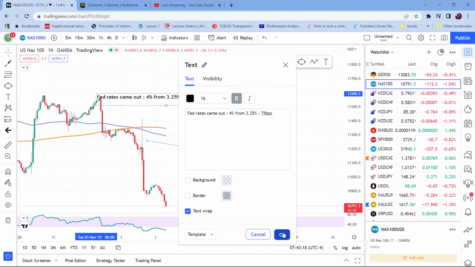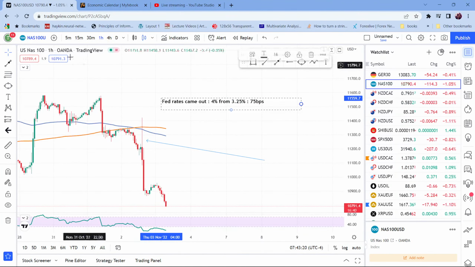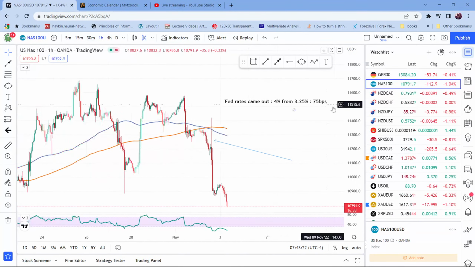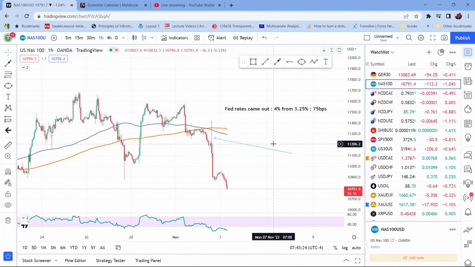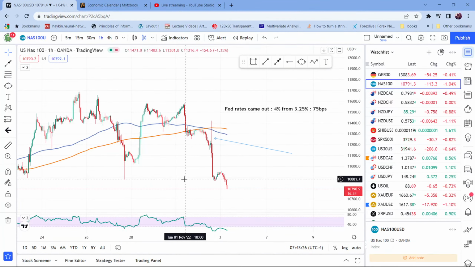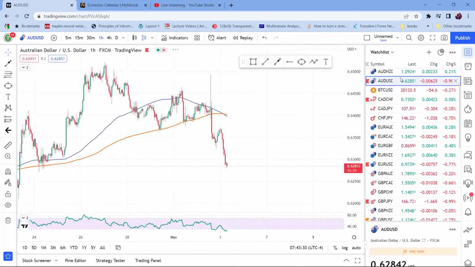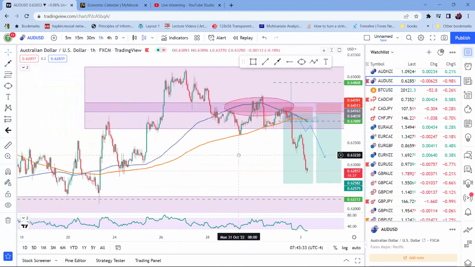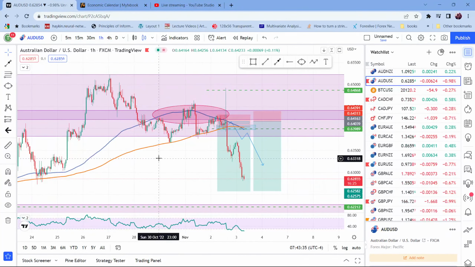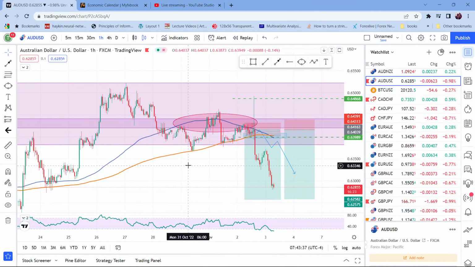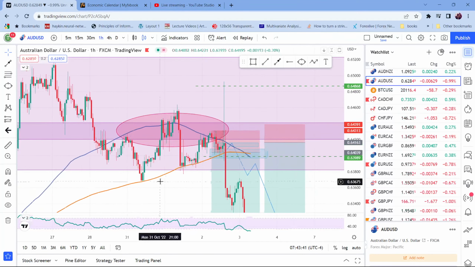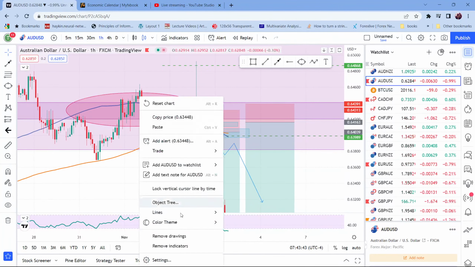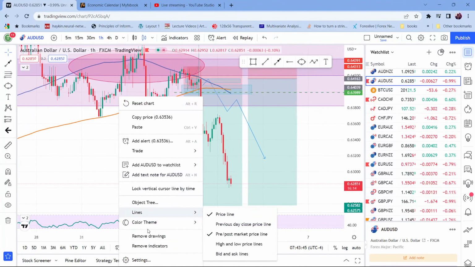So some people were under the influence that we probably priced that in beforehand. If we take a look here, such as the AUD USD, that would have been right around here when we got that bearishness. I'm just going to delete everything and reset everything.